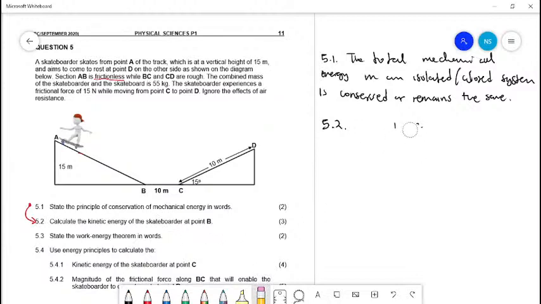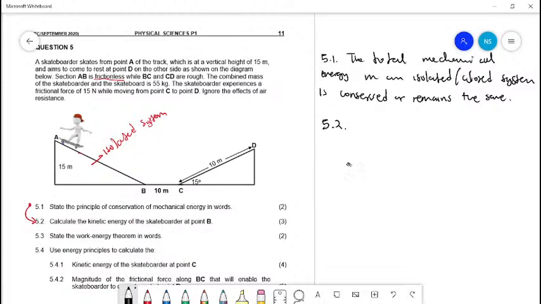You are allowed to use it because from point A to point B, the system is isolated. Why? Because there is no friction, no applied force, and no tension. So there are no non-conservative forces, which means this is an isolated system.